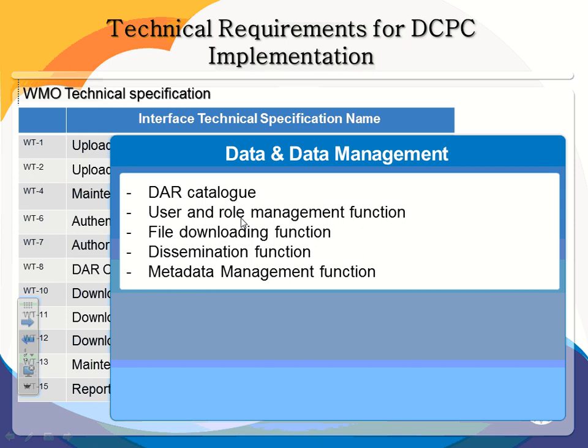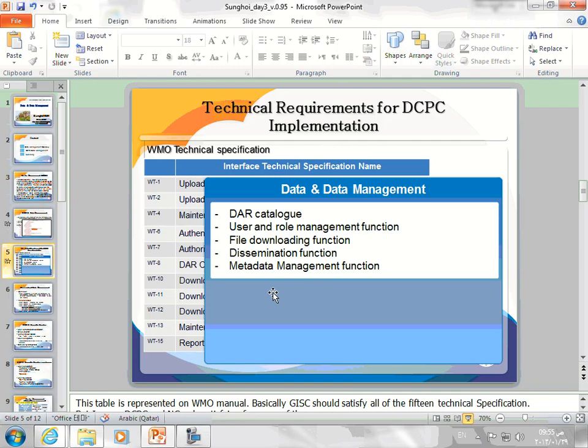So for that, the DCPC has to control users and has to make the role management function with a JISC. Also, the file downloading function is one of the DCPC dissemination and metadata management functions, which is deeply concerned with DCPC cooperation.